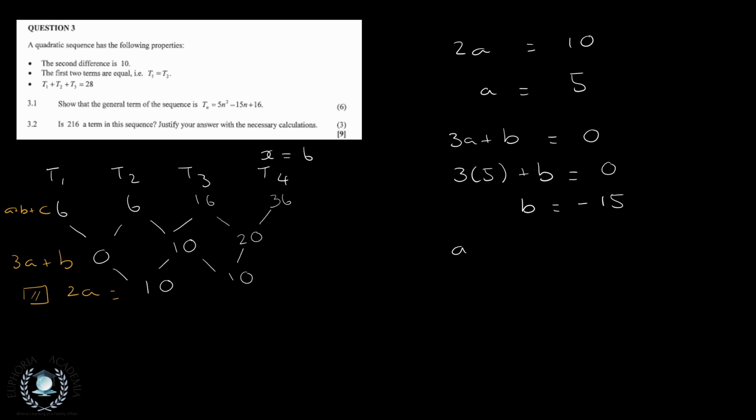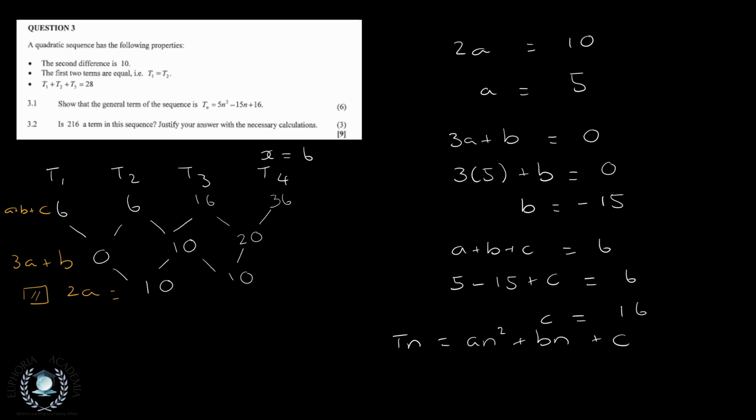And finally, our a plus b plus c is equal to 6, and our a is 5, our b is minus 15, and we're trying to find c. When you do the mathematics, we have 5 minus 15, which gives us minus 10. If you take it to the right hand side, you will find that c is 16. Now, the general formula of a quadratic sequence is Tn equals an squared plus bn plus c.